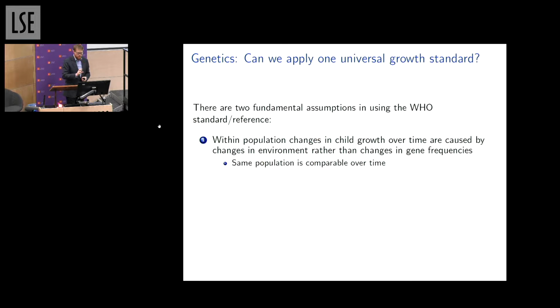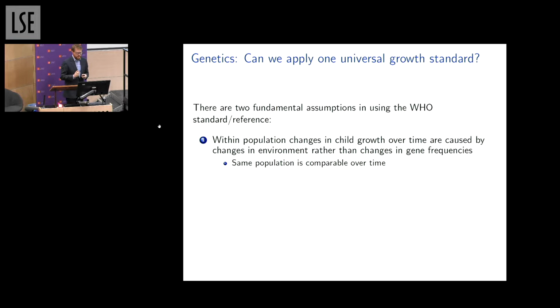So if we're thinking about how this would affect the comparisons that we're making, it's really about whether or not we can use this one universal standard of growth. Can we use this WHO standard? Do we believe that it's real? There are 2 fundamental assumptions underpinning the use of that standard of reference.